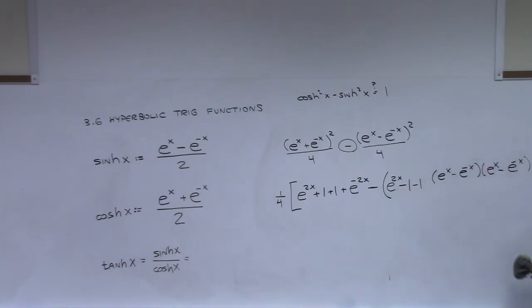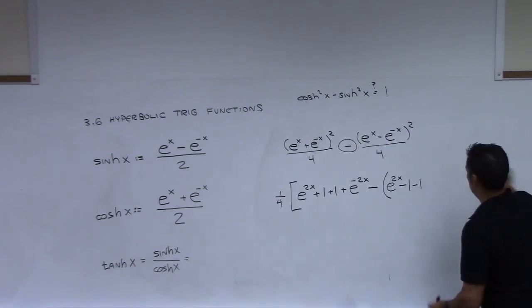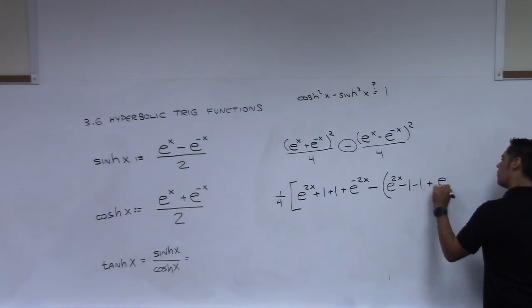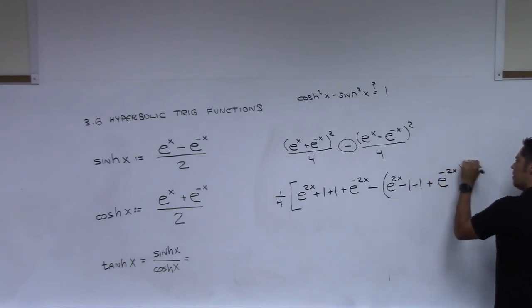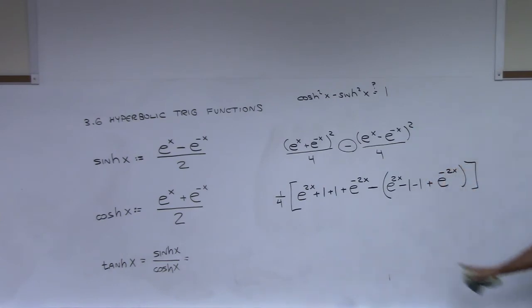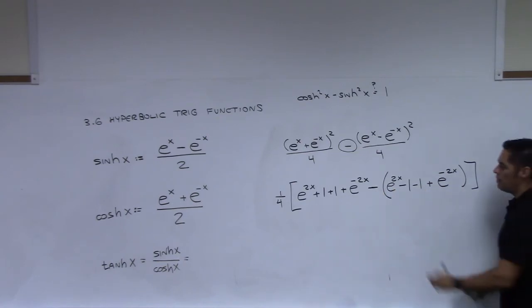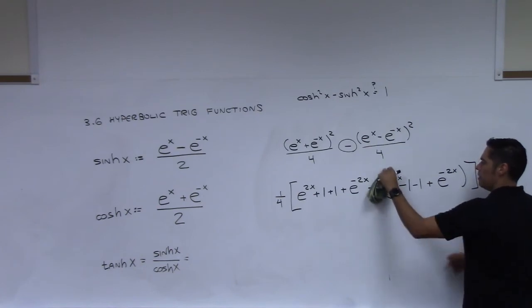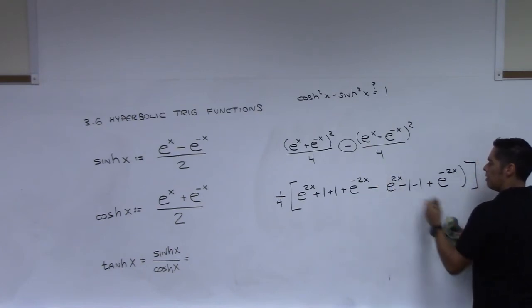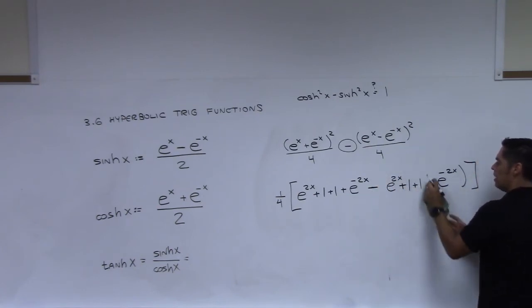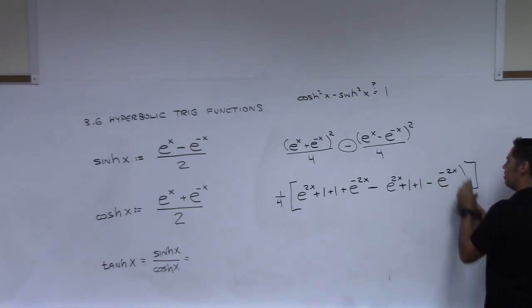And then the last one, so minus and minus, we get a plus this time, plus e to the negative 2x. And then all of that's in brackets. So do you see what happens when I pass this negative through here? When I pass the negative through, this becomes minus, this becomes plus, plus, and this becomes minus.